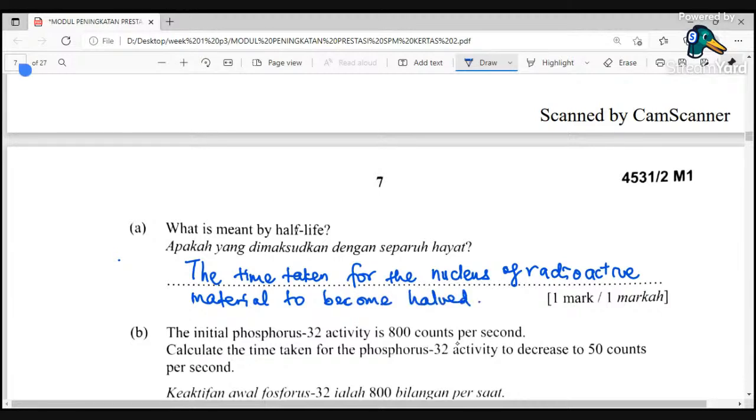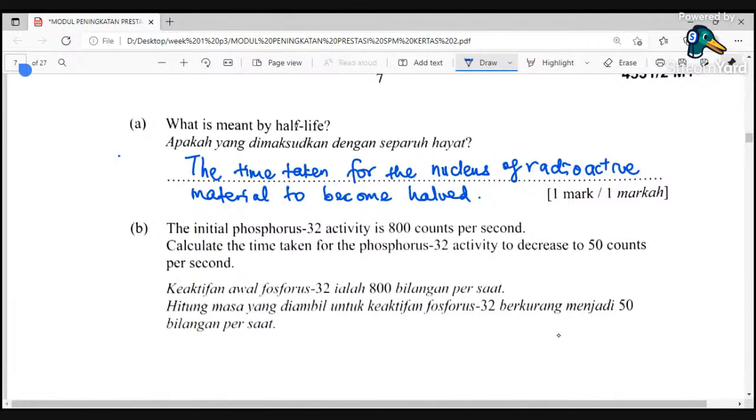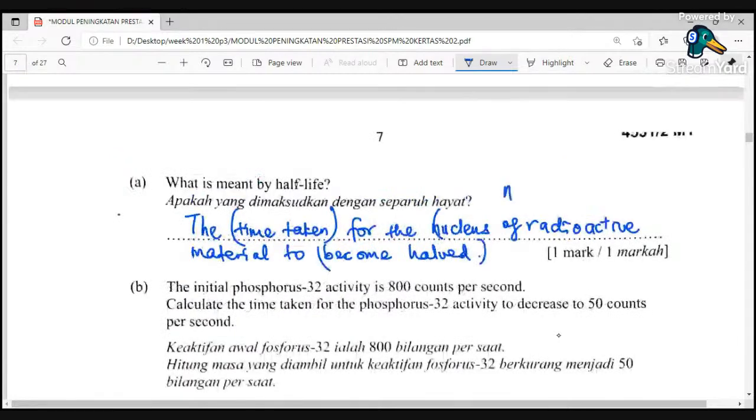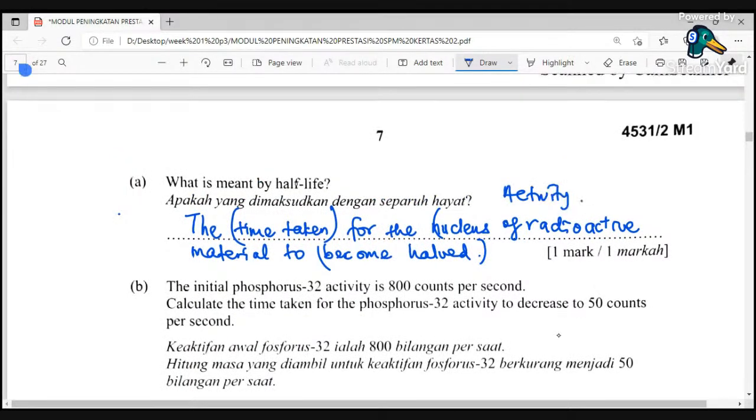Okay, ataupun time taken for half of the nucleus of radioactive material to decay. Also can. Okay. Jadi kena ada perkataan ni, time taken, nucleus become half ataupun activity pun boleh. Okay, dia punya rate lah. Okay, per minute, per second, okay, per days.